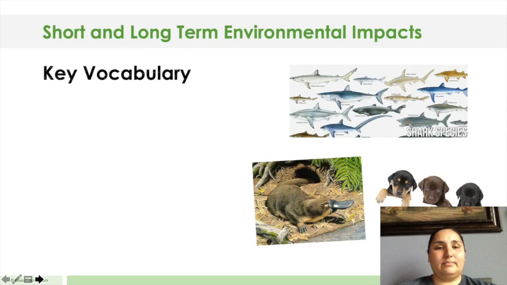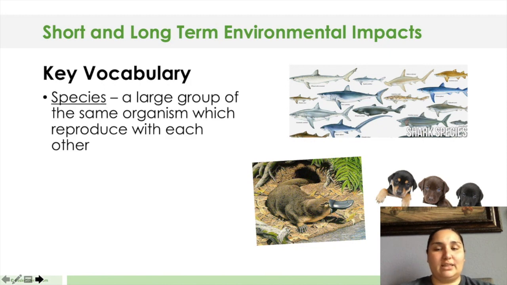Next. So some key vocabulary, like I said, this TEK, if they're going to ask you any questions on STAAR, which if they do, it's going to be very vocabulary intensive. You just need to know the vocabulary, be able to identify it, okay? So looking at the words, we have species. We talked about it in the previous lesson, right?